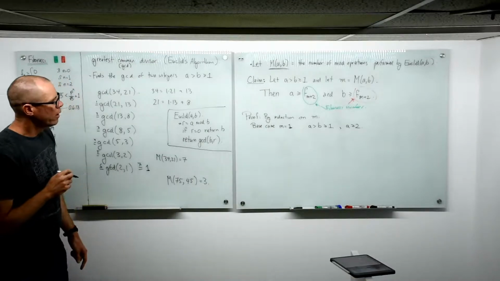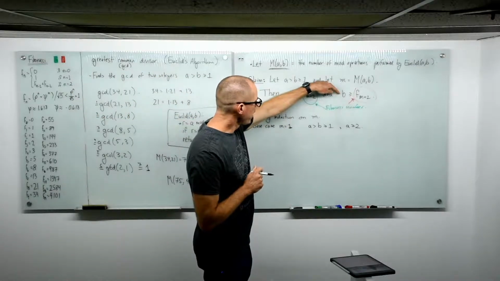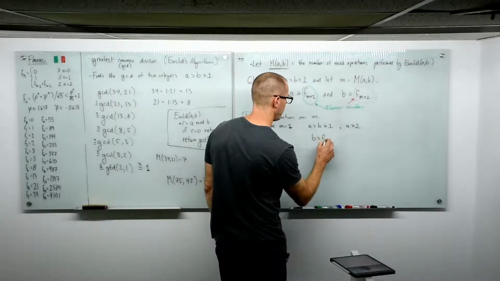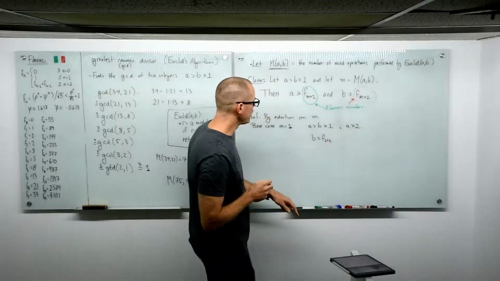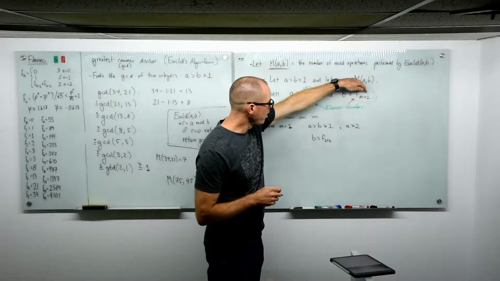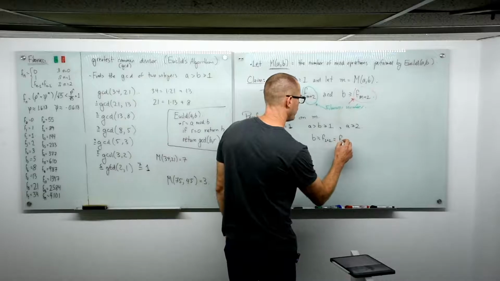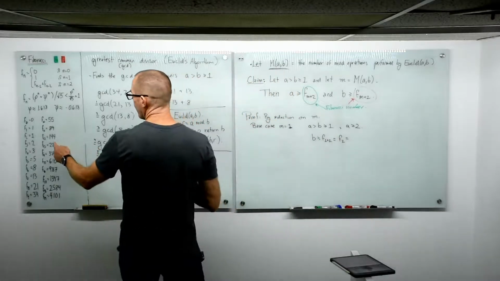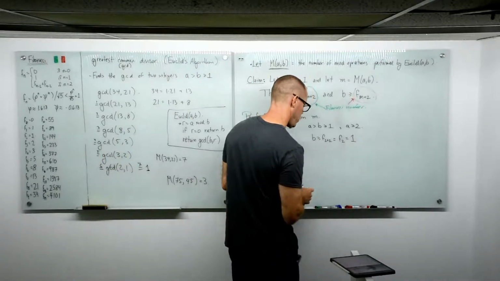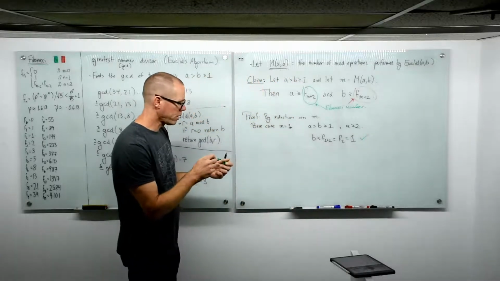So let's take a look. This says that b should be bigger than f of 1 plus 1. Right, that's what this says. For m, b should be bigger than f of m plus 1. So this should be bigger than or equal to f of 1 plus 1. This is f of 2. F of 2 is 1. There it is. So that part of it checks out.